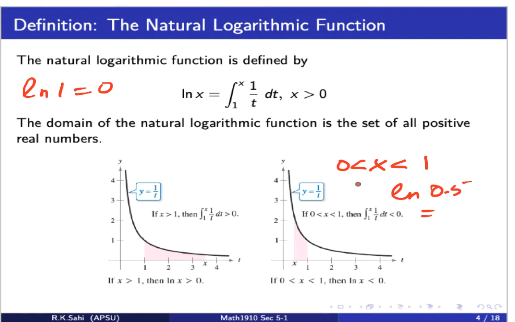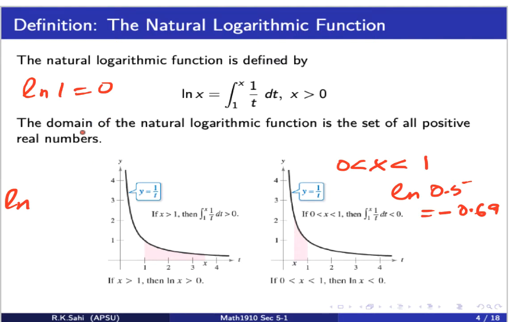You will see that you get a negative number, negative 0.693 and something. And if you take natural log of 1, it is 0. Remember that, and it's one of the biggest properties of logarithmic functions.